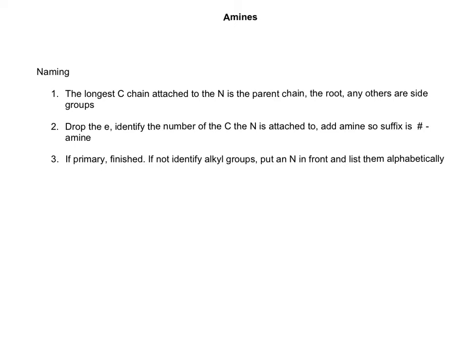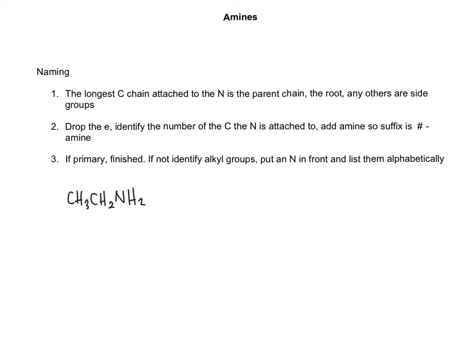If it's a primary amine, you're finished. If it's not, you have to identify the alkyl groups, the other two, or one, and put an N in front of it and then list them alphabetically.